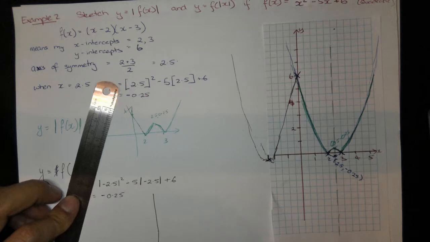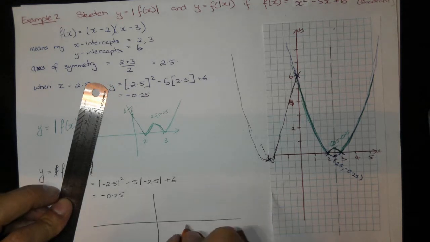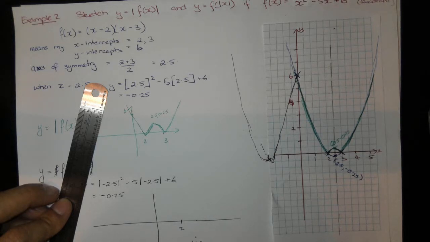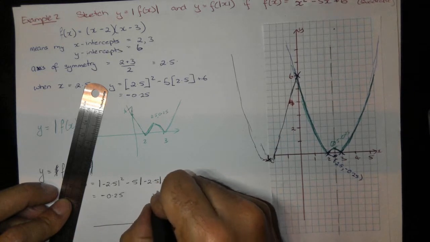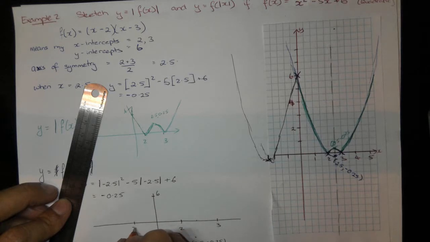So if I was to sketch it, just a sketch, we have 2, we've got 2.5, negative 0.25, and we've got 3, up here at 6, here is your negative 2, here is your negative 3, here is negative 2.5, and negative 0.25.